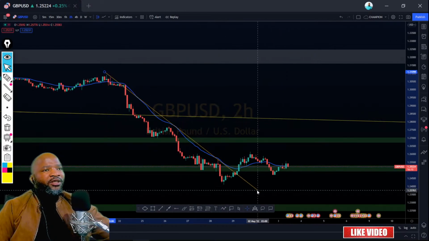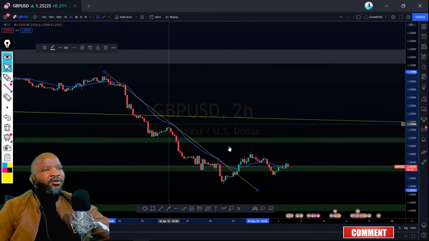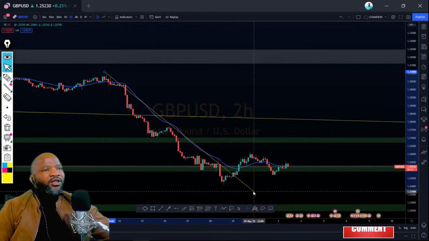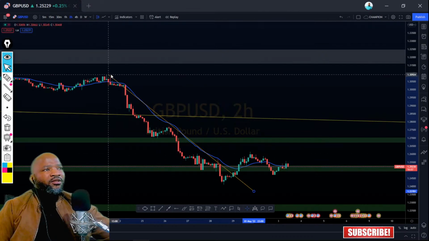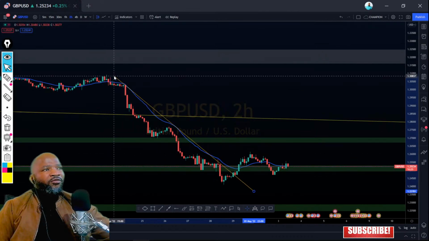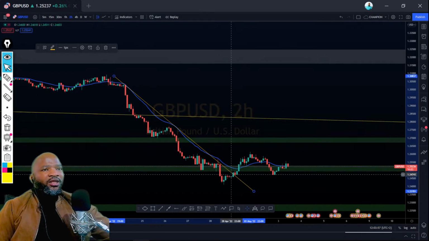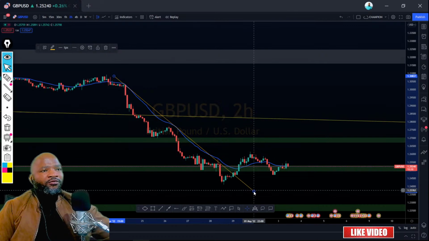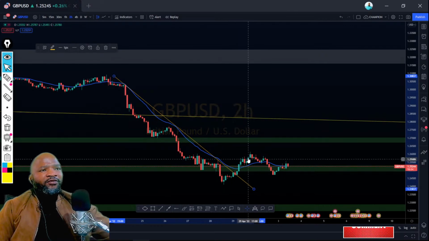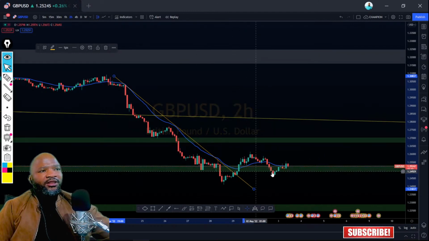The price broke out of this diagonal resistance that we were having. If you are scalping, you will look at this type of structure. It was very bearish, and you can see after breaking out of it, the price pushed towards the upside and is retesting this level.